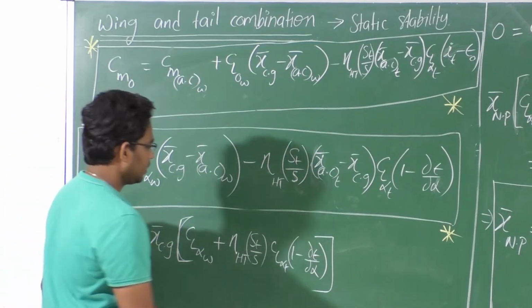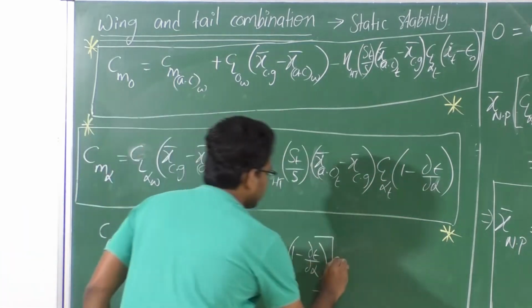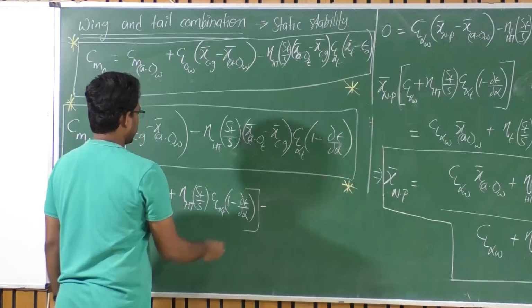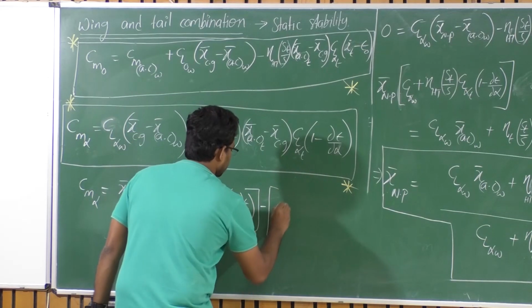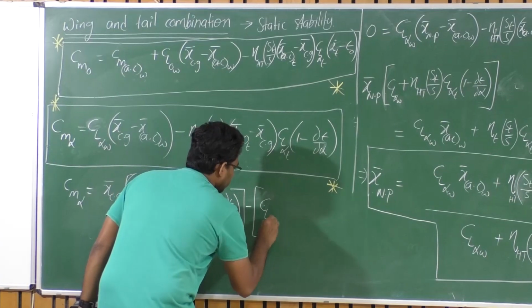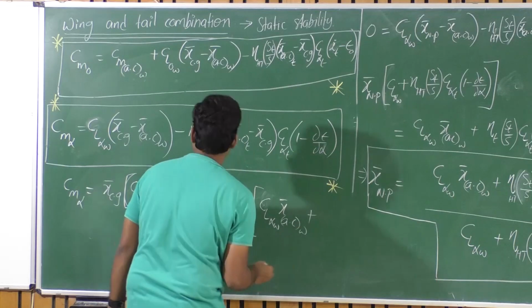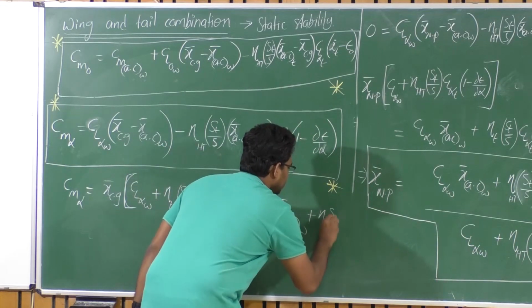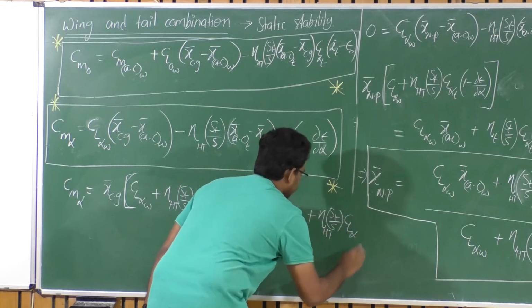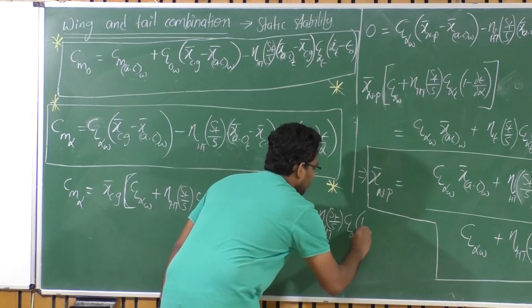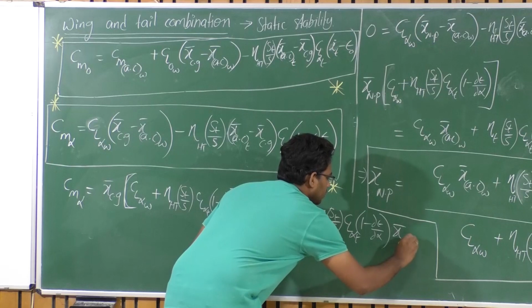And then what I have is minus of Cl alpha of wing times x bar AC of wing plus eta of horizontal tail St upon S times Cl alpha of tail times 1 minus dou epsilon by dou alpha times x bar AC of tail.